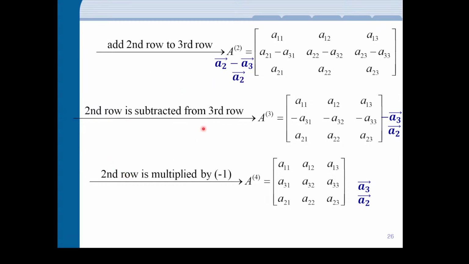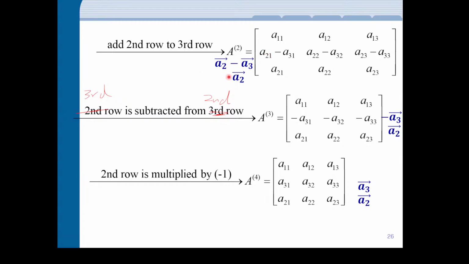Then we subtract the third row from the second row. Sorry, the English is wrong here again. It should be: third row subtracted from the second row. So we subtract the third row from the second row again, or add -1 times the third row to the second row.